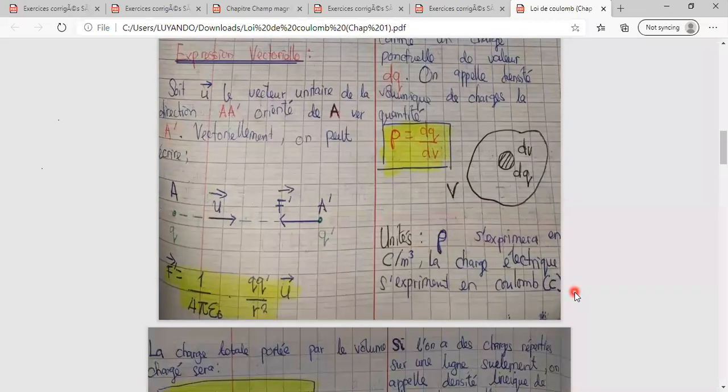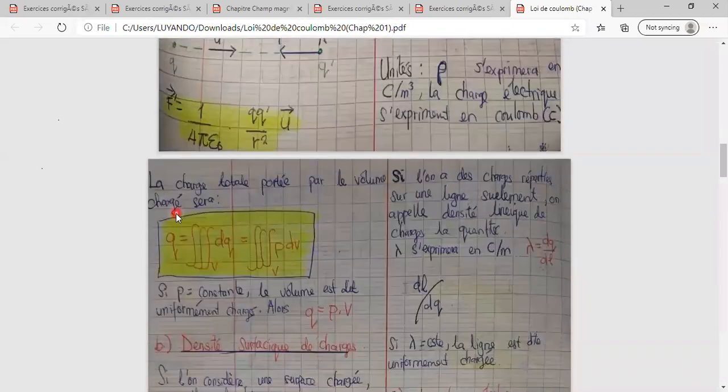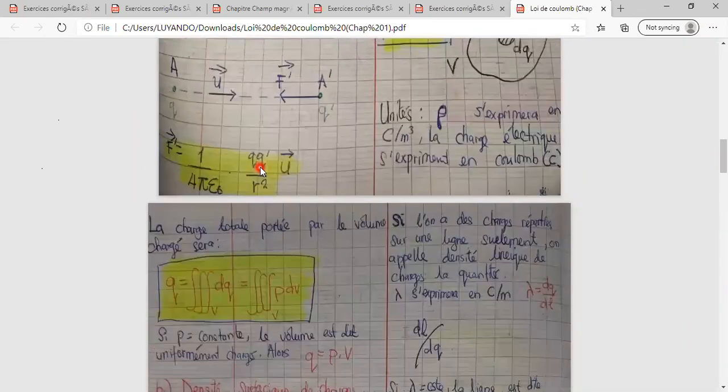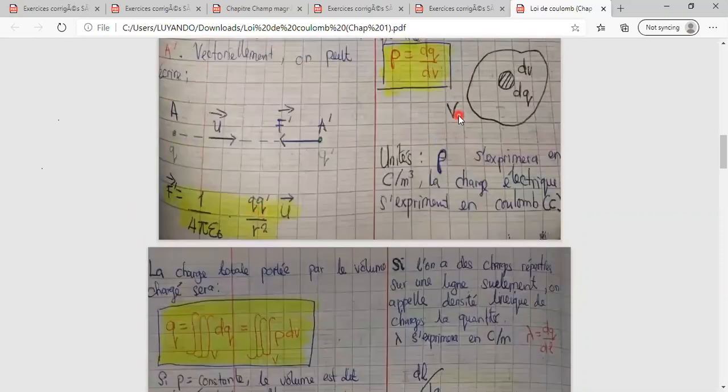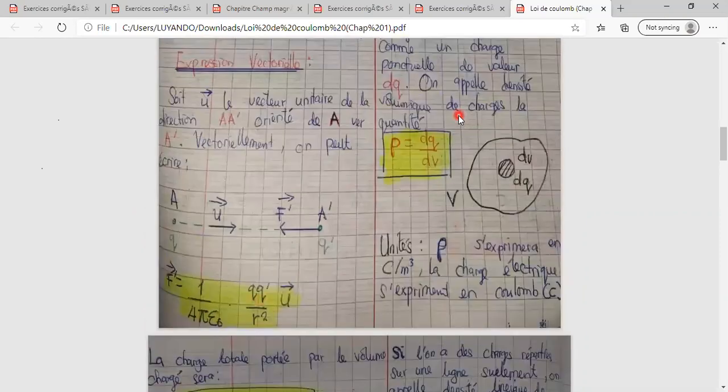So we move to la charge totale portée par le volume chargé. From our small expression here, rho equals dq over dV, if we make dq the subject of the formula, we have dq equals rho times dV. Am I clear?